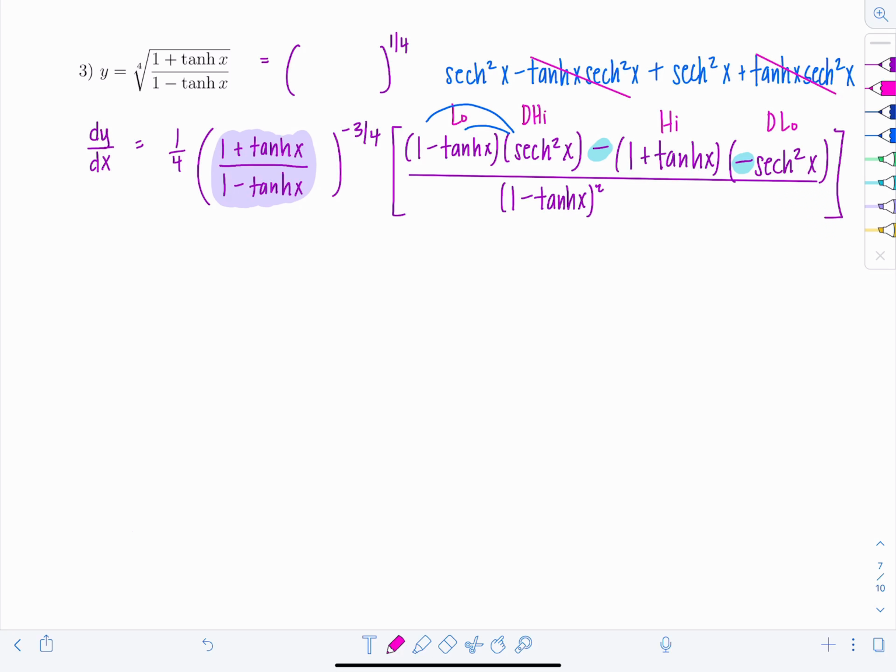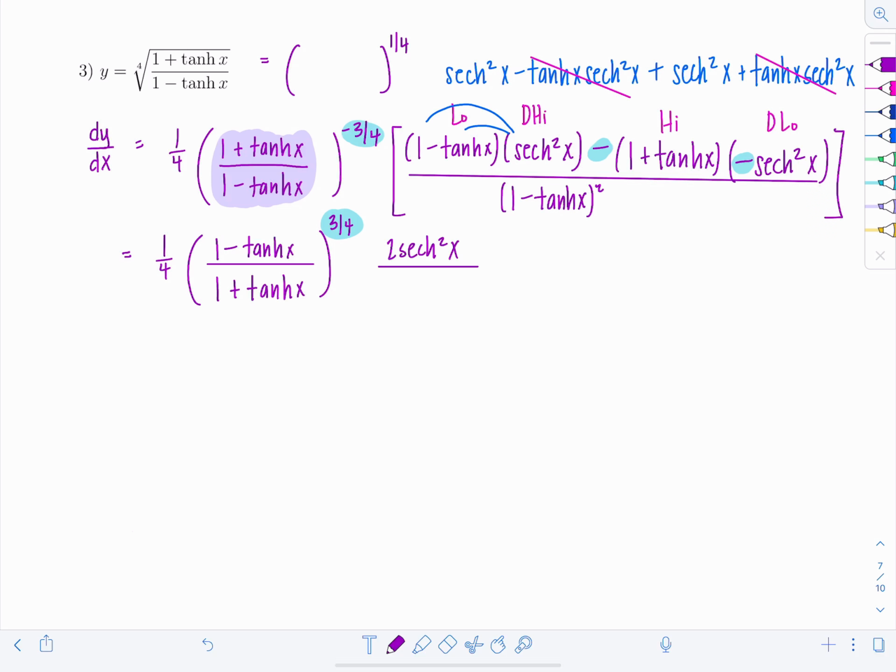Okay, I like it. So now let's start cleaning up. So we've got 1/4. Now watch this. I'm going to make the exponent positive 3/4. See that? And then you got to flip the expression inside the parentheses when you do that. So this is 1 minus tanh x in the top now and 1 plus tanh x in the bottom. And then over here from the quotient rule, all I have left over in the numerator is 2 sech squared of x over (1 minus tanh of x) squared. So that cleaned up big time.